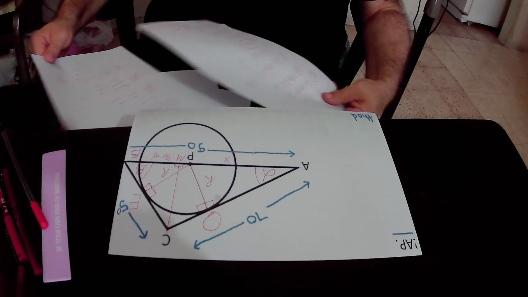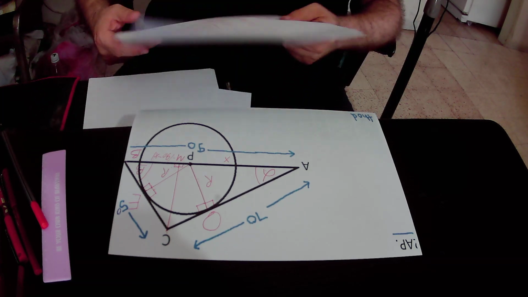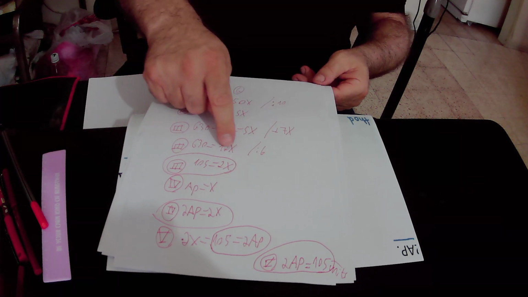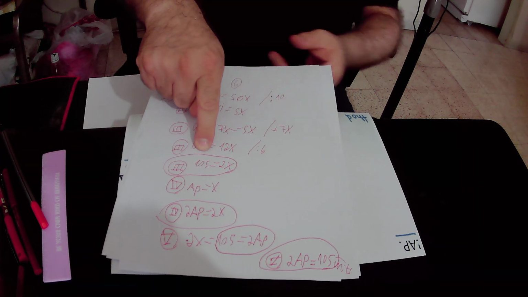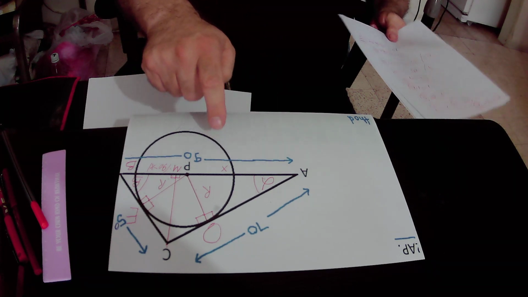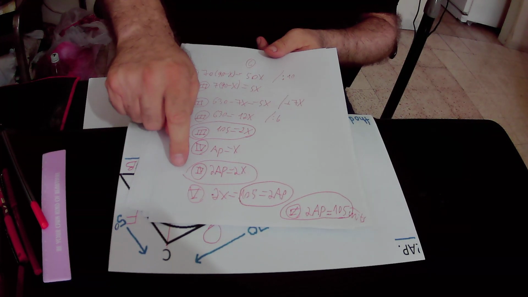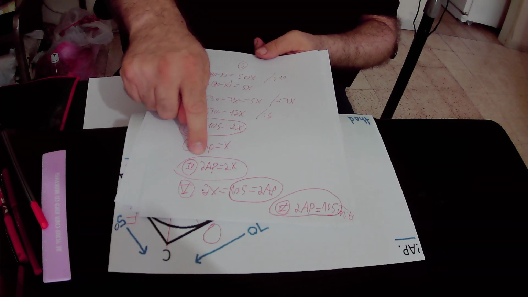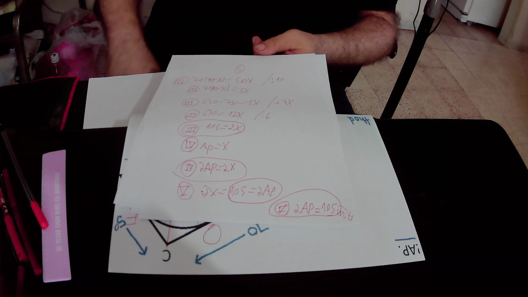And at the end we got from the third equation that 2 times x equals 105, but according to our definition AP equals x. So we can write the fourth equation that AP equals x. So 2 times AP equals 2 times x.